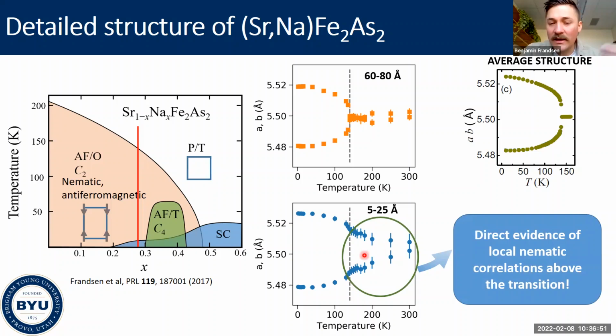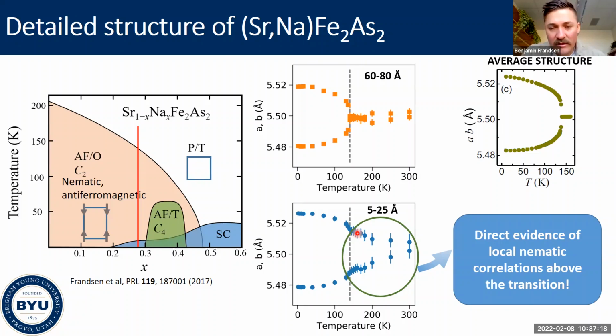So this is direct evidence of these nematic fluctuations above the static nematic phase, because here we are in this temperature region and we still have this rectangular symmetry rather than the square symmetry, okay? And we have sensitivity to this because we're doing the Fourier transform of the Bragg peaks and also any diffuse scattering present, okay?